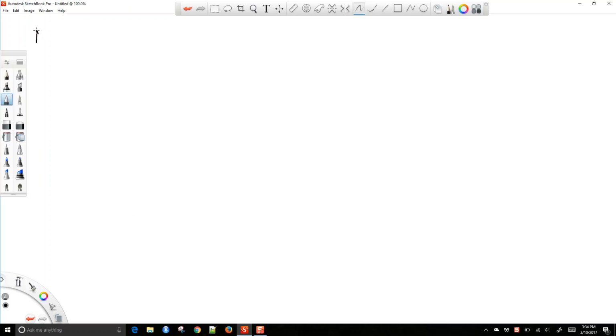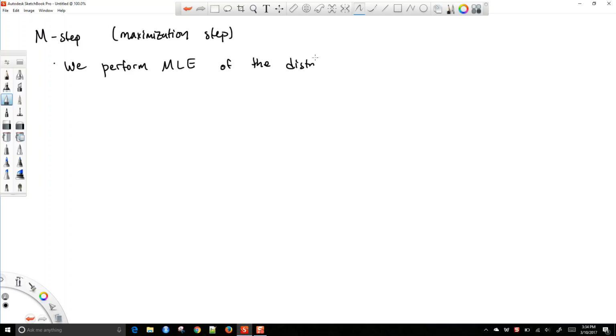And then now we have the M step, which is our maximization step. So this part is basically we perform maximum likelihood estimation of the distribution parameters based on our class estimates.